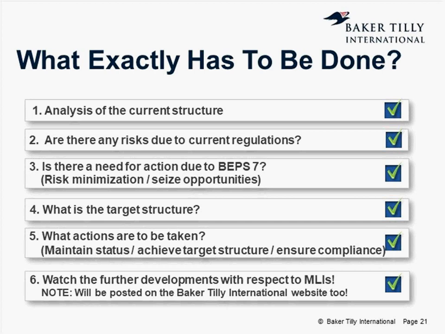After you have this health check, the next points would be what actions are to be taken, what steps are necessary to achieve the target structure, and as we said in the beginning, in parallel watch the further developments with respect to BEPS.